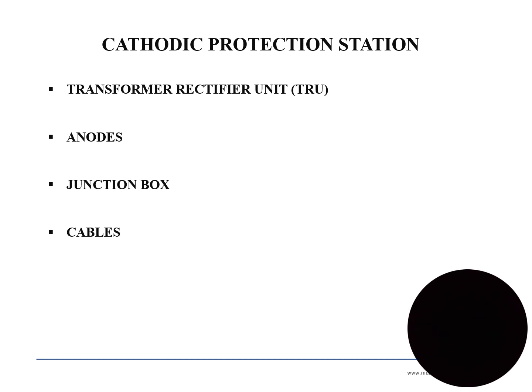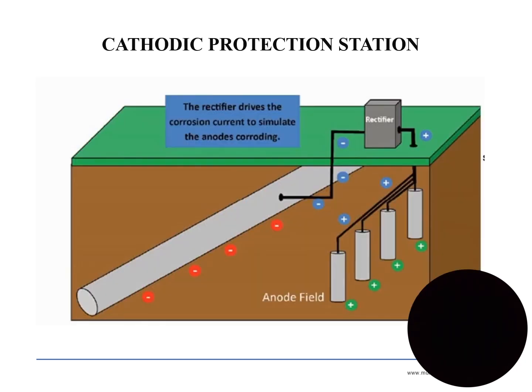So a cathodic protection station comprises transformer rectifier units, anode, junction box, and cables. So this is how the cathodic protection system works. We have a rectifier which is getting AC supply, the anodes, gas pipelines, and some cables.